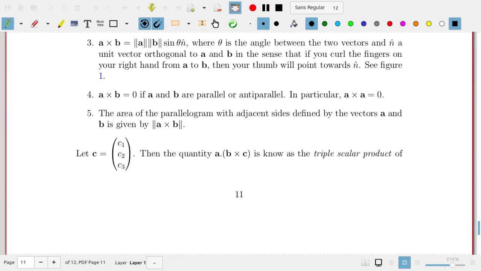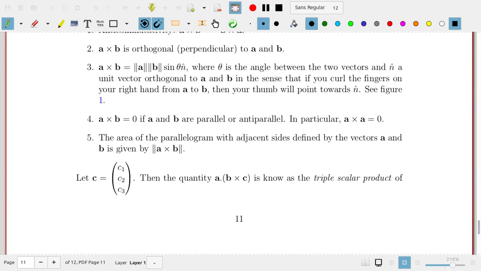Okay, that's that. And of course, A cross V is 0 if A and V are parallel or they're anti-parallel. And of course, A cross A is 0. The area of a parallelogram with adjacent sides defined by the vectors A and V is given by the modulus of A cross V. Right?